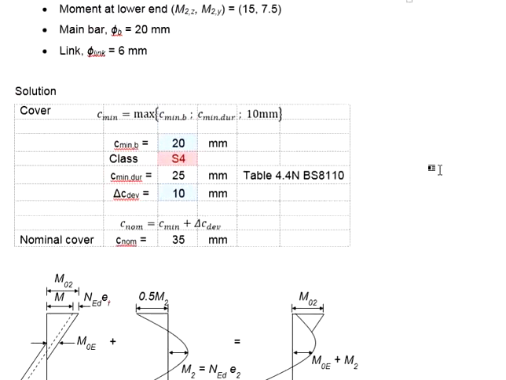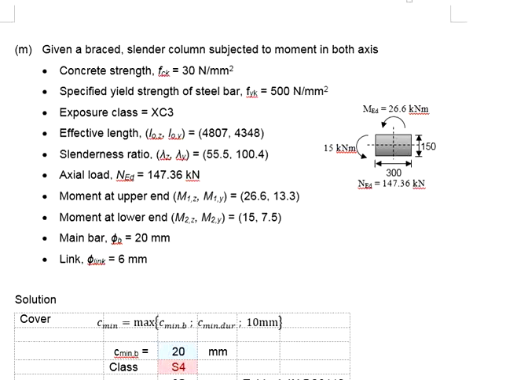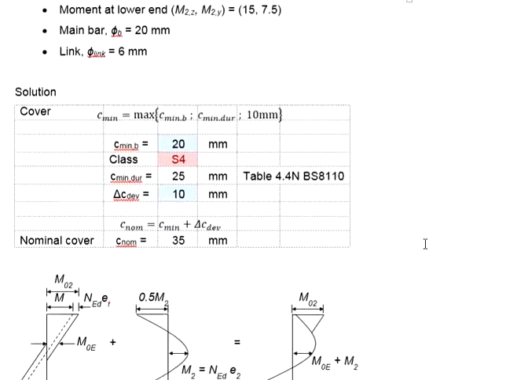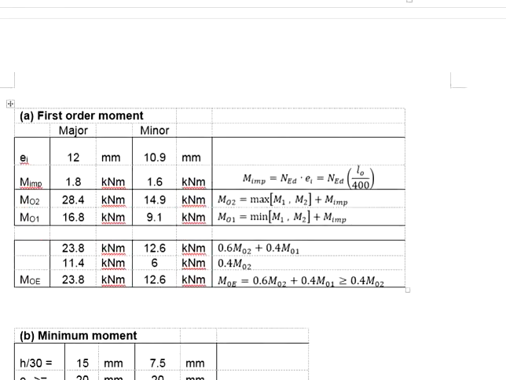The moment given in the question that acts on the column in the major and in the minor axis will need to be added to the moment due to the imperfections. The bigger value of the two shall be the M02, whereas the smaller one will be the M01. The same goes for the minor axis.